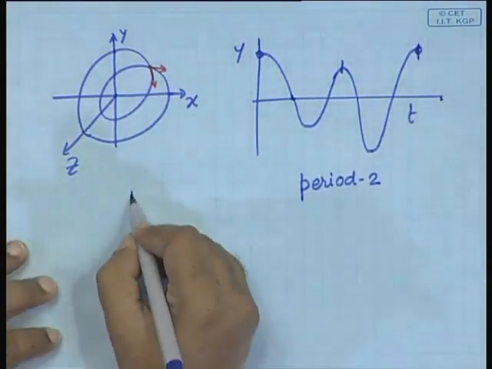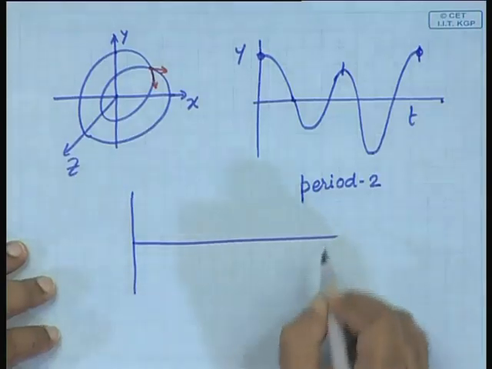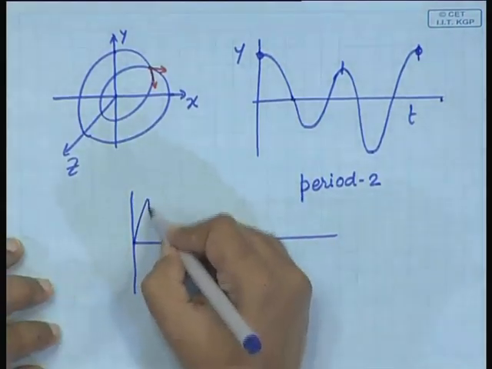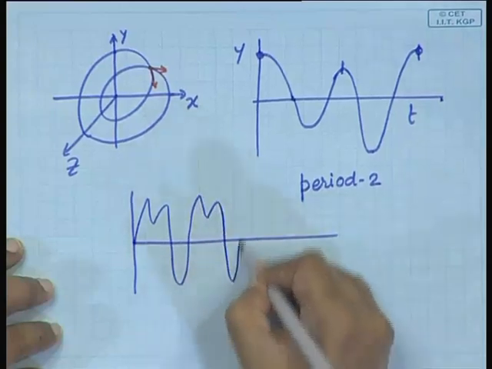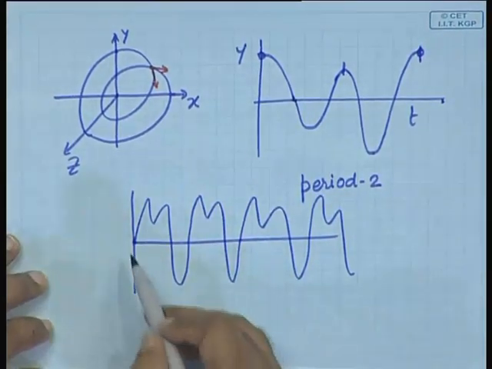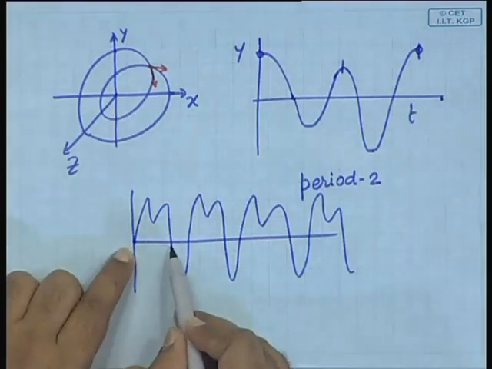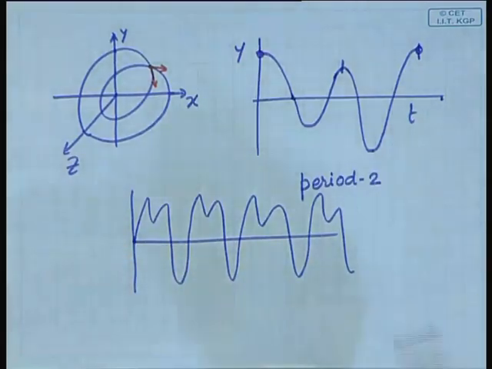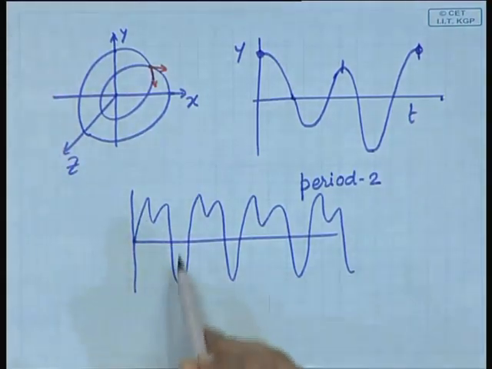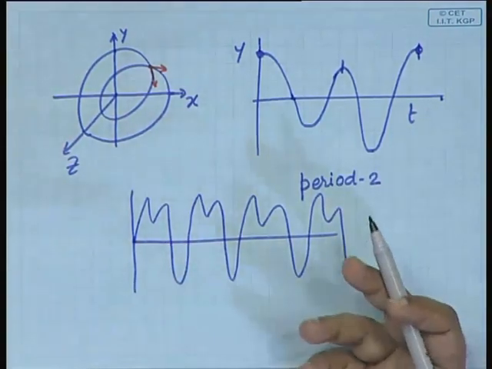So, a period 2 behavior, if you want to see such a thing on the CRO screen, would normally be something like this, where the same behavior is repeating after 2 cycles, 2 periods. Now, the immediate conclusion is that such a waveform is not possible to see in a two dimensional system.